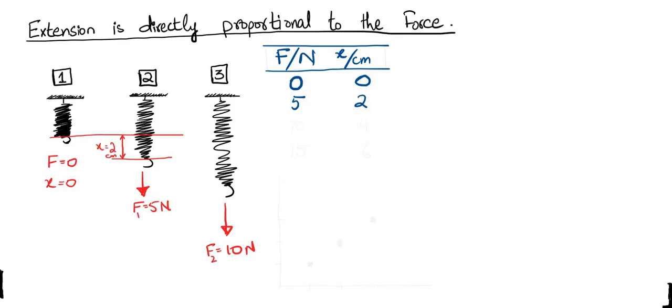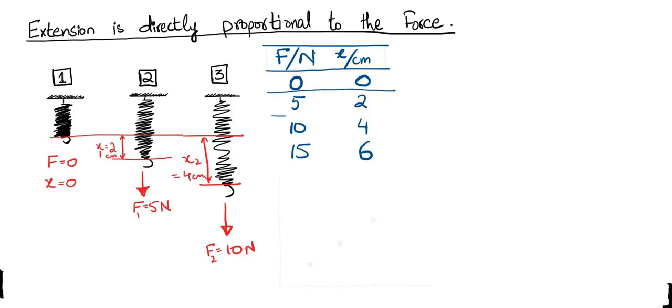F1 is 5 Newtons and extension x1 is 2 centimeters. F2 is 10 Newtons, and now the extension x2 equals say 4 centimeters. 5 Newton की फोर्स ने 2 सेंटीमीटर की एक्सटेंशन प्रोड्यूस की थी, and a 10 Newton force produces an extension of 4 centimeters, and let's take another value 15 Newton की force जब लगाते हैं, then suppose the extension is 6 centimeters.